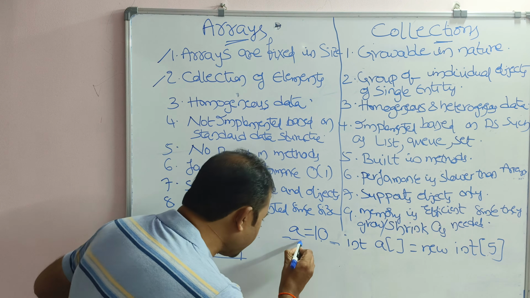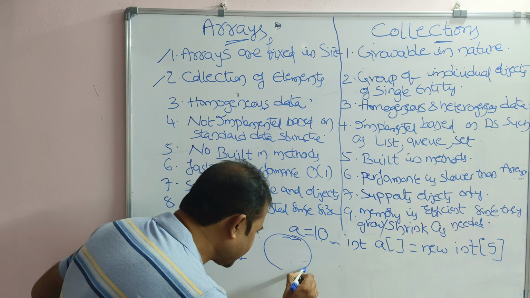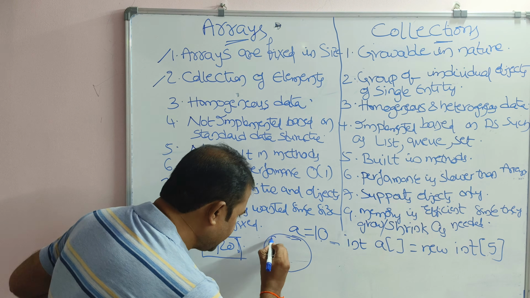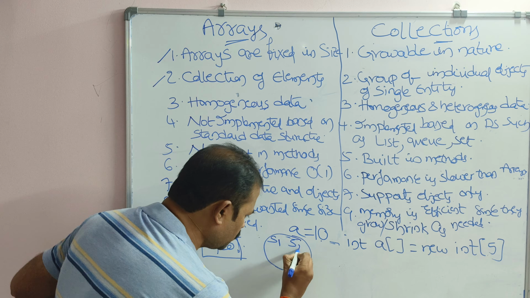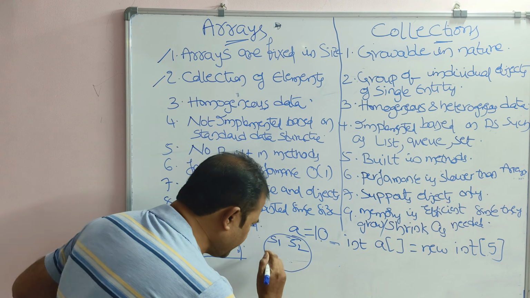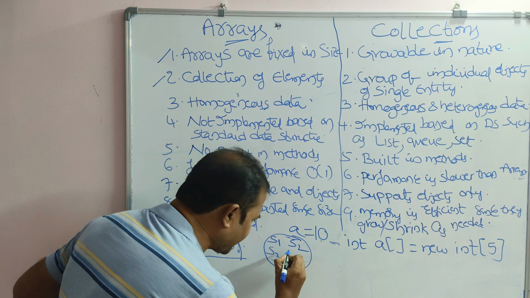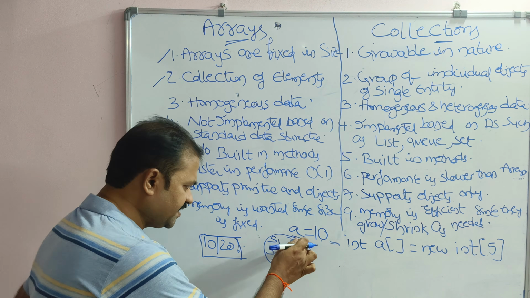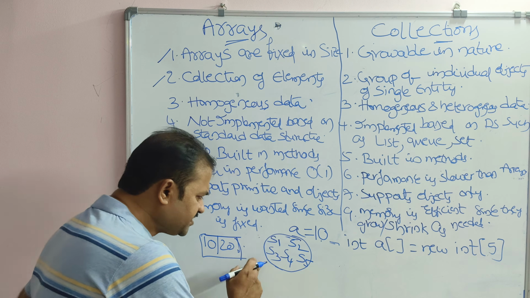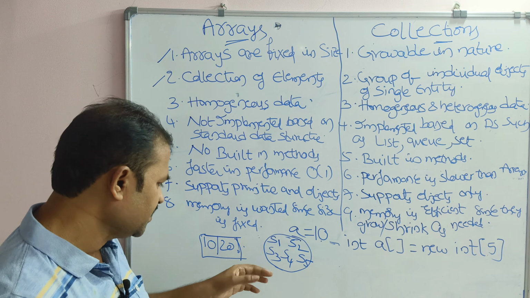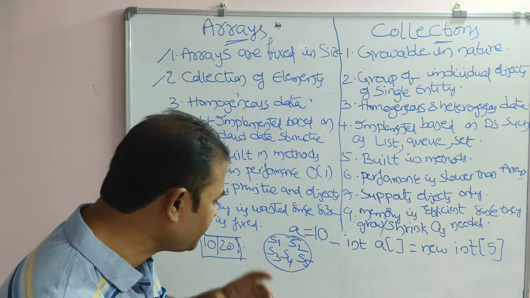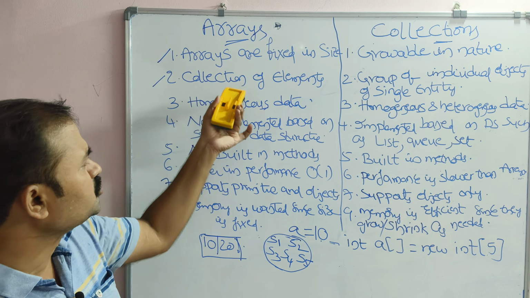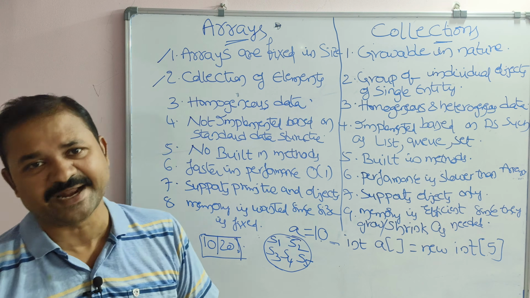So let me have a collection like this. This collection contains a group of individual objects. Let me have S1, S2. S1 is one object, S2 is another object, S3 is another object, S4 is another object, S5 is another object. This is a collection which contains 5 objects. So we can work with these 5 objects one by one. So this is about the second point.